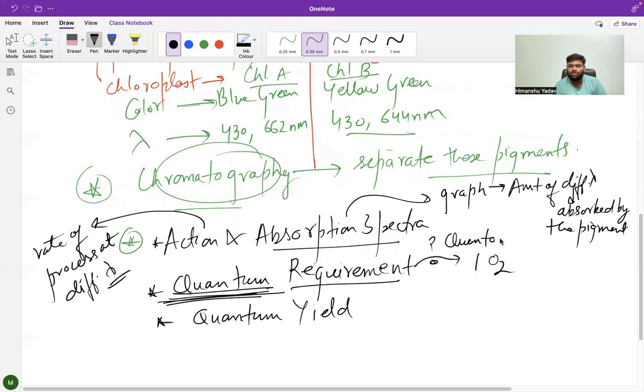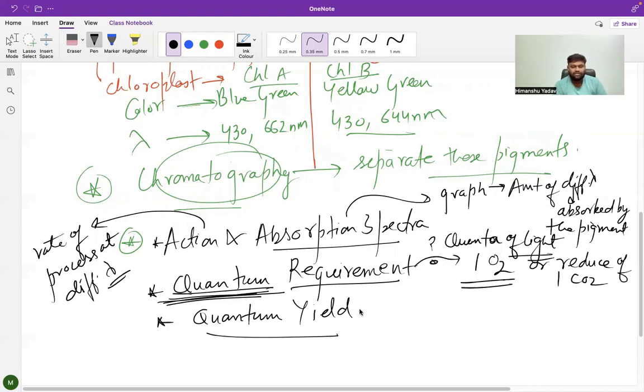How many quanta of light are needed for the production of one molecule of oxygen, or to reduce one molecule of carbon dioxide? Quantum yield is the number of oxygen molecules produced per quantum of light absorbed.